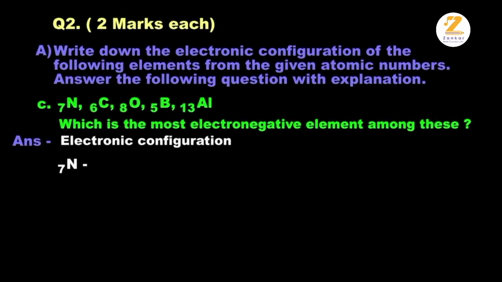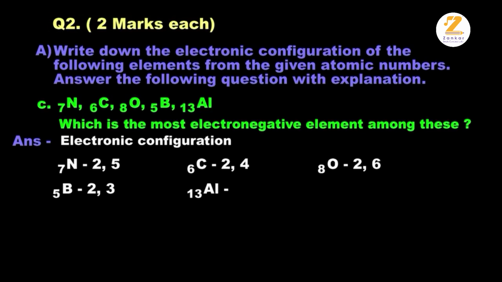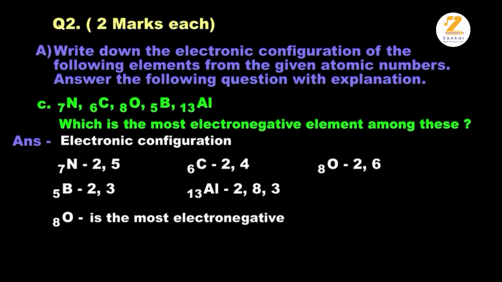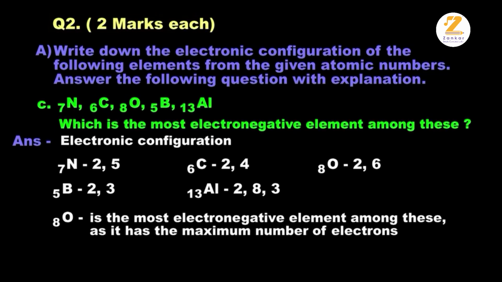Electronic configuration: nitrogen 2, 5, carbon 2, 4, oxygen 2, 6, boron 2, 3, aluminium 2, 8, 3. Oxygen is the most electronegative element among these as it has the maximum number of electrons in its outermost shell.